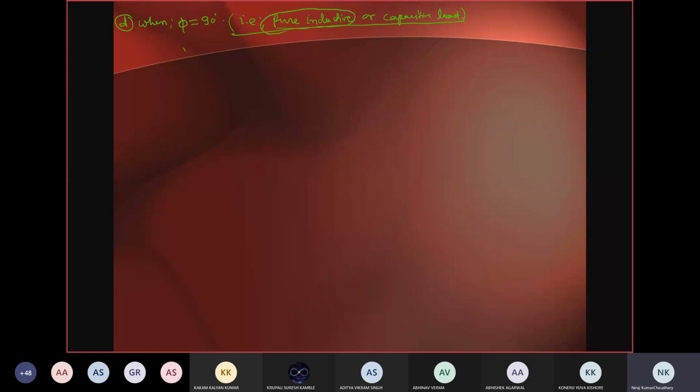Therefore, W1 will be equal to VL IL cos(30 degree minus 90 degree), which will be equal to VL IL sin 30 degree, and W2 will be equal to VL IL cos(30 degree plus 90 degree), which will be equal to minus VL IL sin 30 degree.